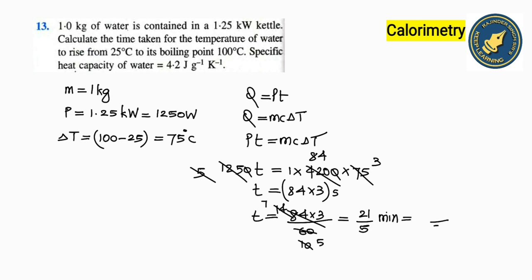Write in mixed fraction. 5 4s are 20. So that many minutes. 4 as it is, 4 minutes, and 1 by 5 convert back into seconds. That is 1 by 5 into 60. That is 4 minutes 12 seconds is the final answer.